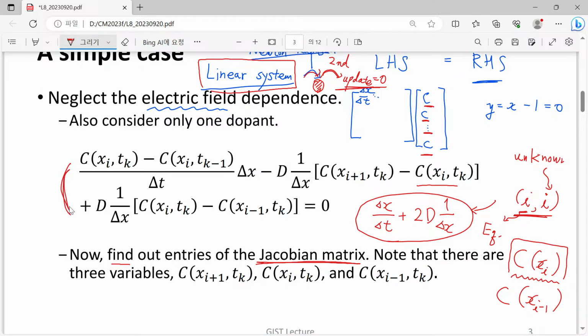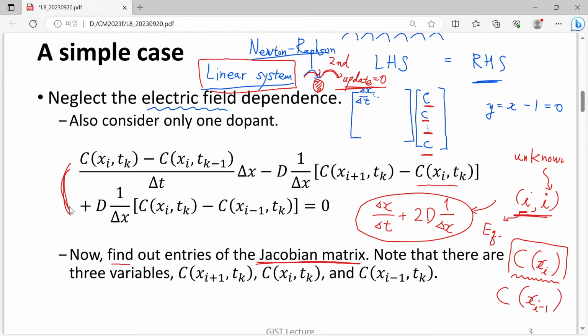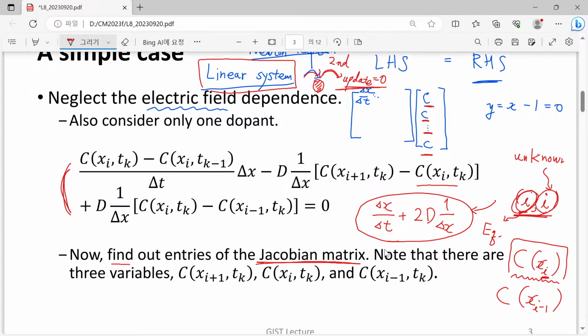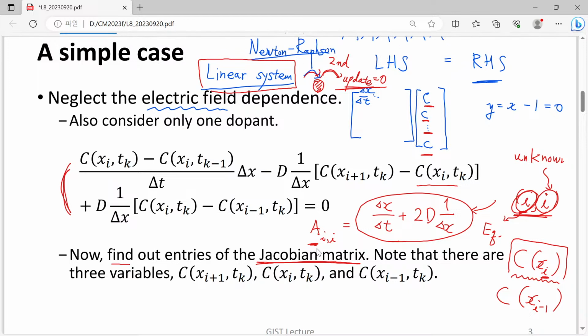This equation is the diffusion equation for x sub I position, so it is better to place it to number I. And we just did the partial derivative with respect to the i's unknown variable, so we have here once again I. So diagonal component of our Jacobian matrix can be written this way. I will just use notation A for our Jacobian matrix, but it's your choice. You can use any notation.